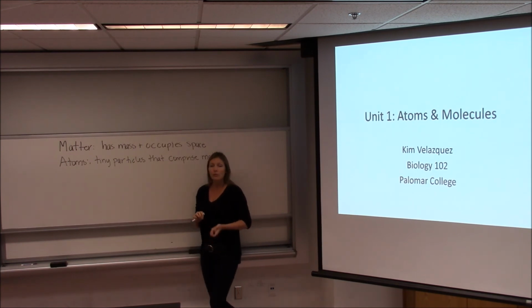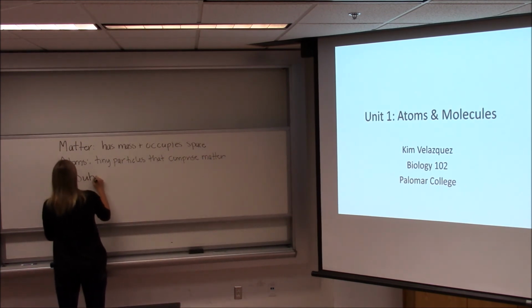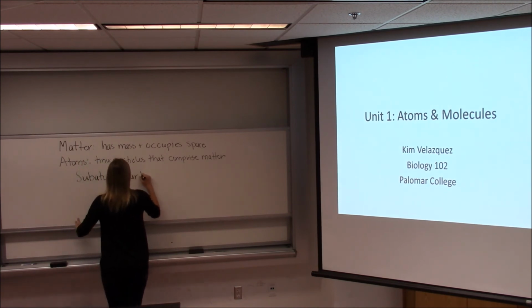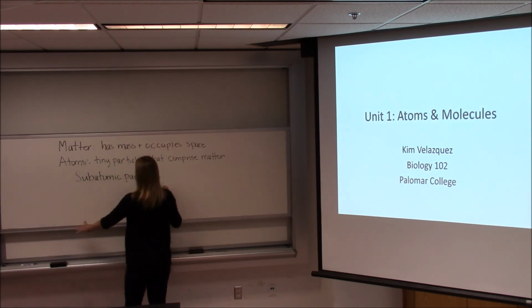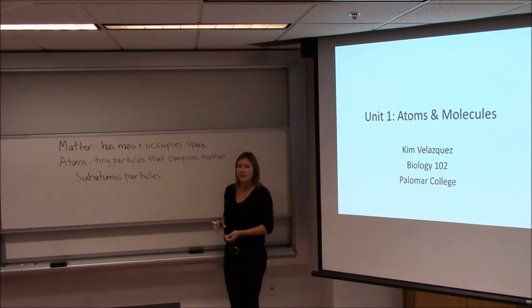But in this course, it's really important for us to understand something smaller than an atom. We need to understand subatomic particles. Again, common question, why do I need to know about subatomic particles? This is not a chemistry or a physics class, but it's very integral to your understanding of molecules and how certain molecules form.